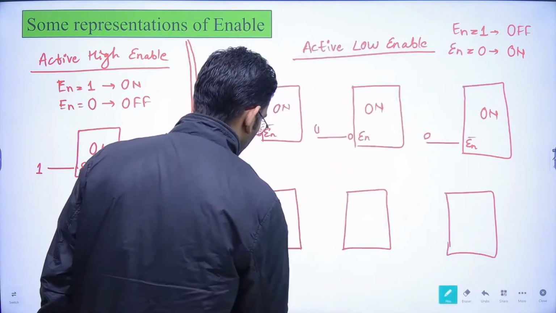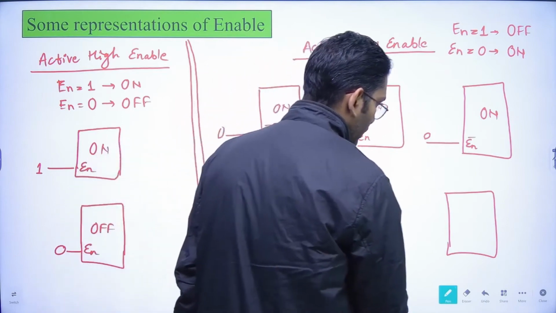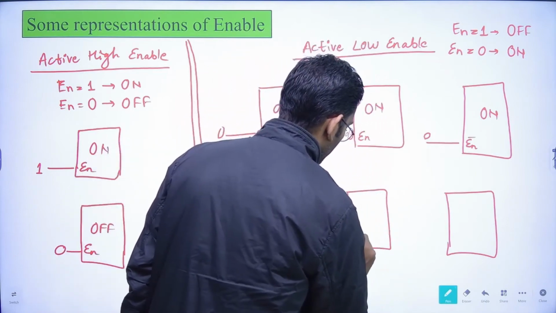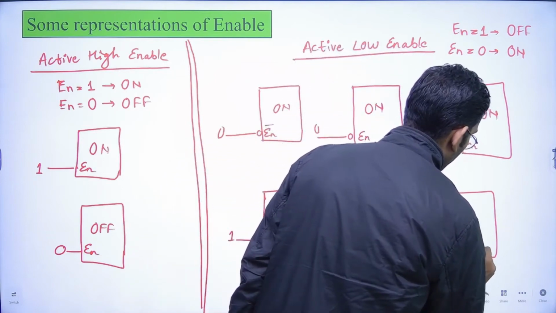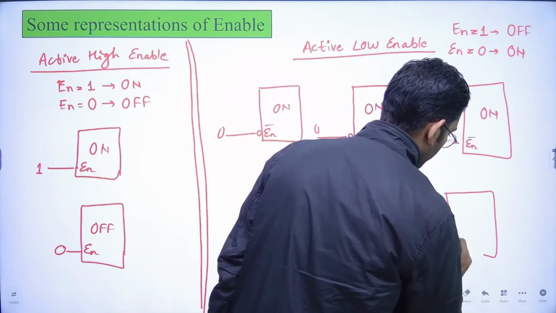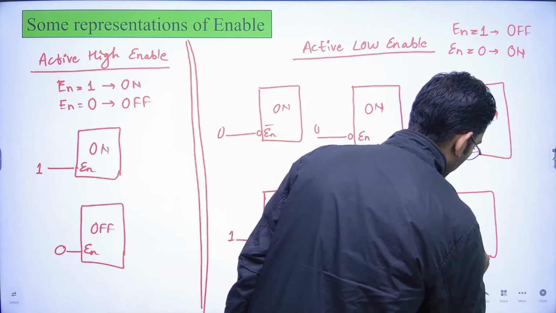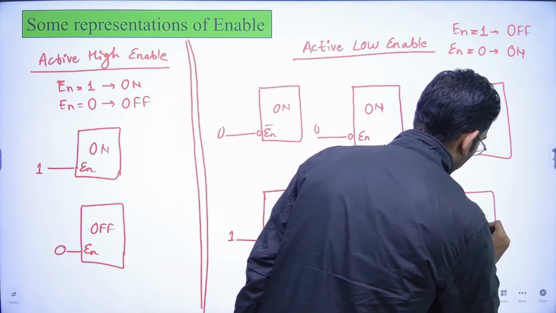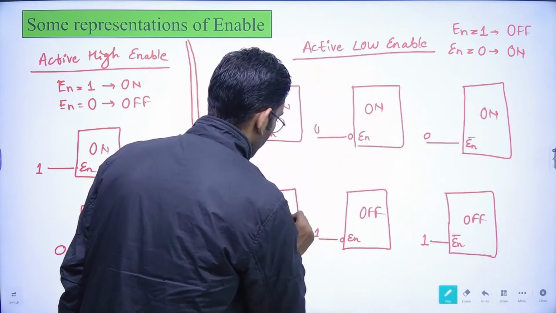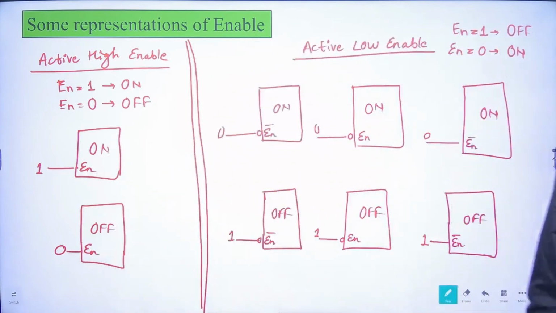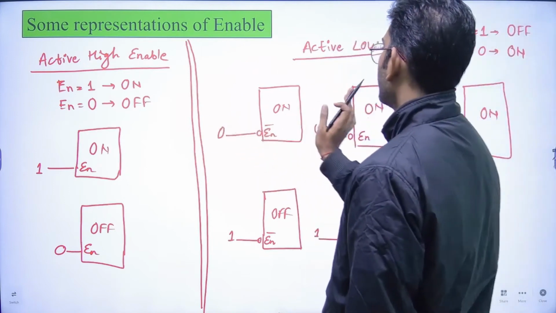Now if 1, fine. So in all these cases, it would be in the off state. You can see that I have taken three representations.